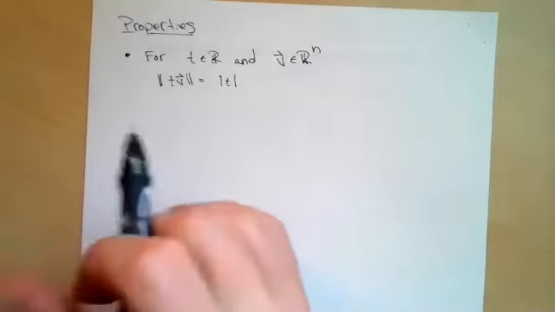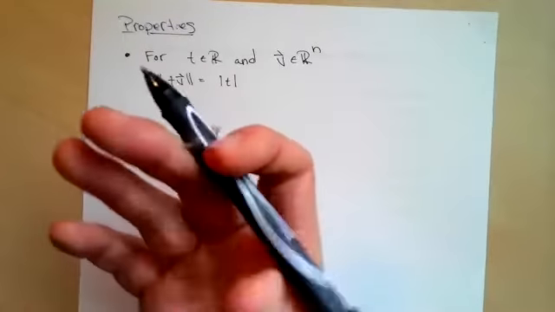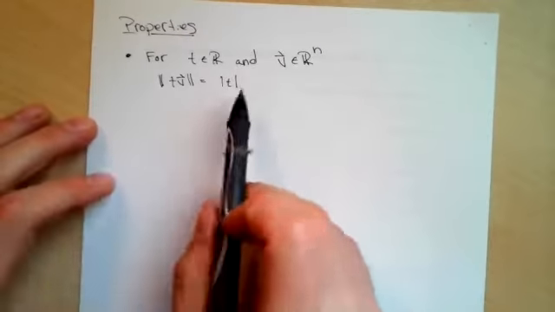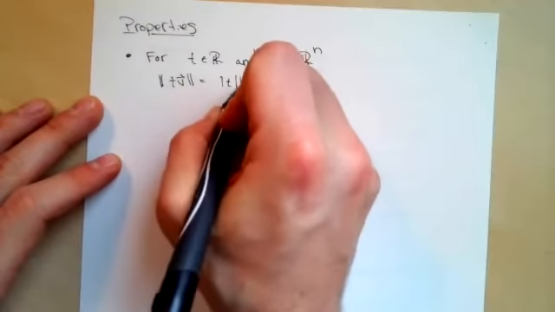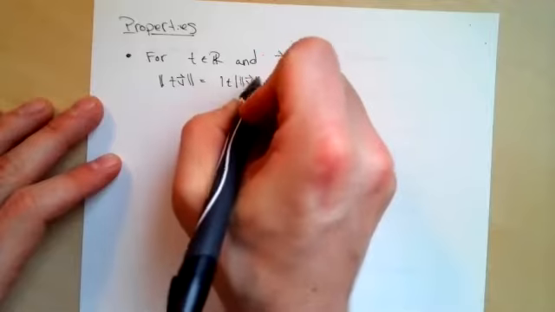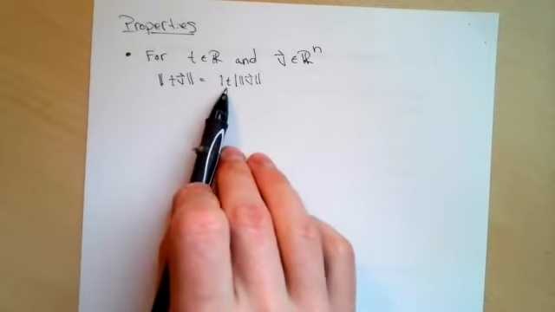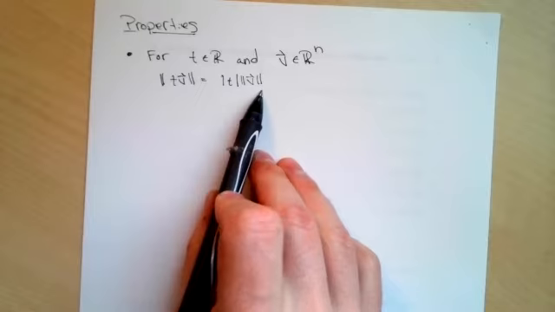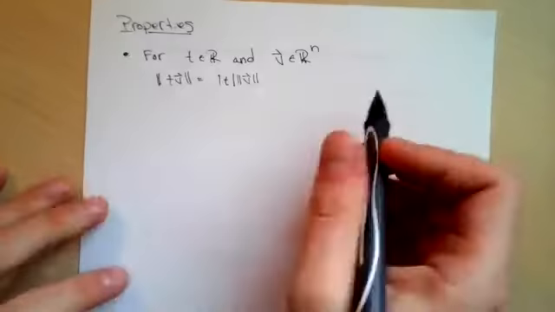But flipping the direction isn't going to change the length. It's really the magnitude of the scalar that will affect the ultimate length. So the length of the resulting vector is just going to be the absolute value of that scalar times what the magnitude would have been of the unscaled vector.